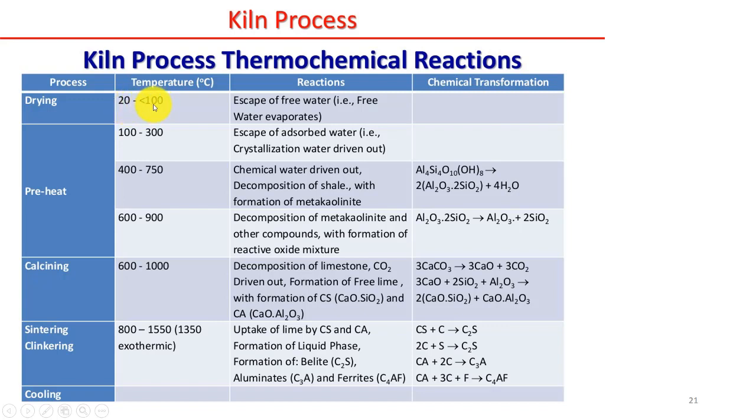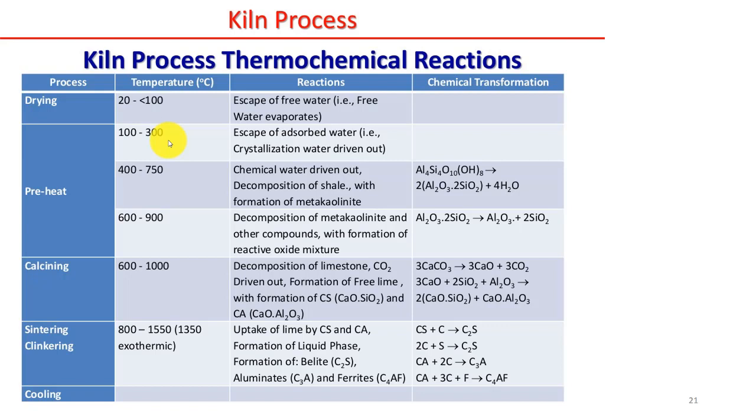Then you have an evaporation of physically attached water in the different materials that you are using for clinker manufacturing. At preheating, there are temperature zones at 100 to 300 degrees Celsius. The chemically attached water is removed, the water of crystallization is removed.